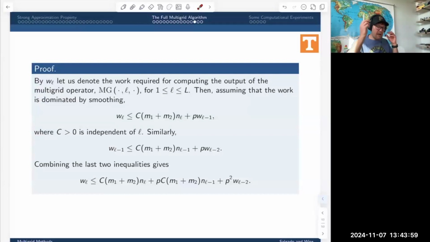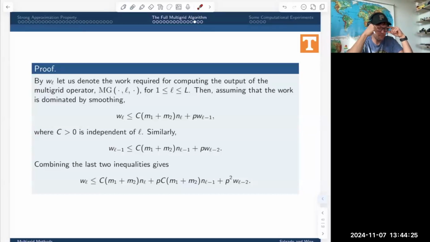But think about what you actually have in multigrid. In multigrid, we have 3 steps. We have the smoothing. We have coarse grid correction, which involves a restriction and a prolongation. And then we have again smoothing. So the only thing that we're not going to count in this operation is essentially the prolongation and the restriction.